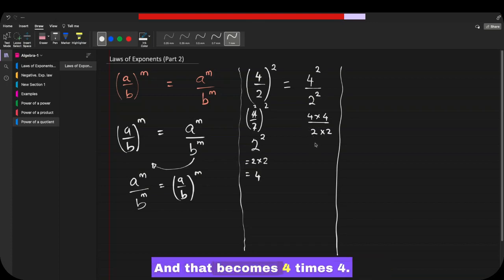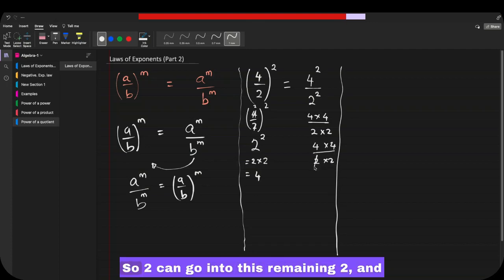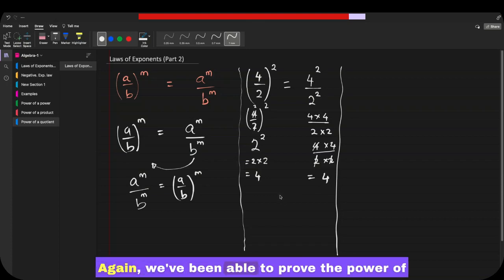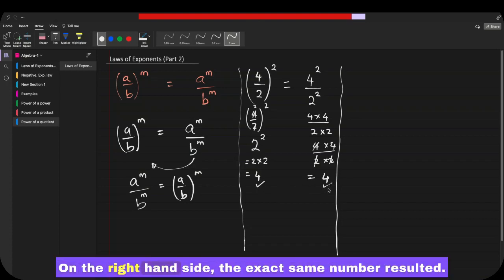So 2 can go into this, remaining 2, and that 2 can also cancel this as well. So the final answer for that is 4. Again, we've been able to prove the power of a quotient law of exponents, right? Because on the left-hand side, the final answer is 4. On the right-hand side, the exact same number resulted.